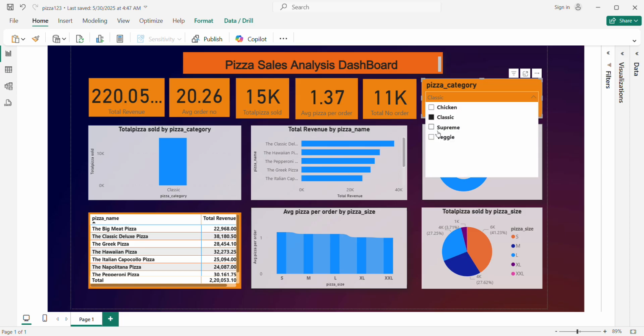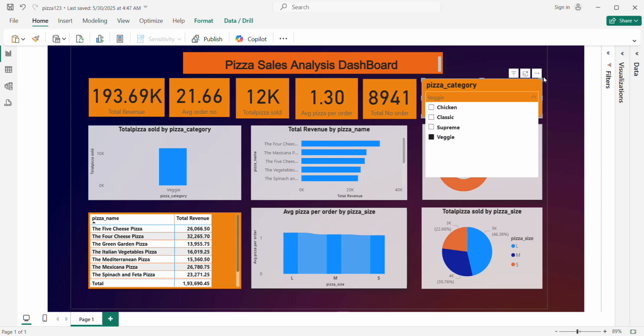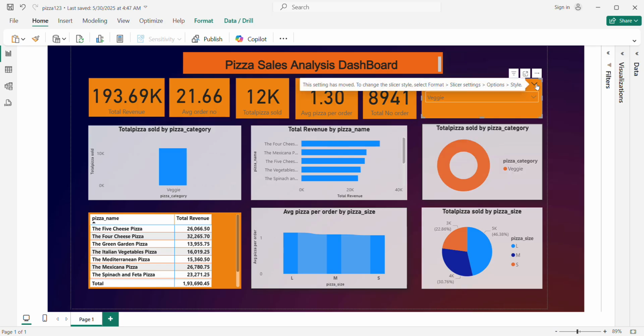And then move to the veggie category. So the total revenue is 193.69K, the average order is 21.66, the total pizza sold is 12K, the average pizza per order is 1.30, and the total number of orders is 8,941.